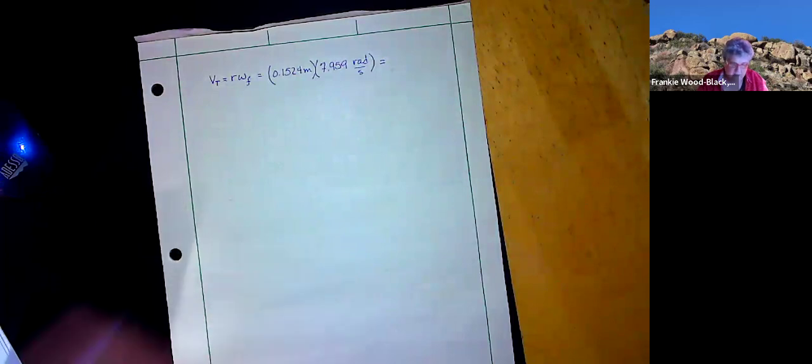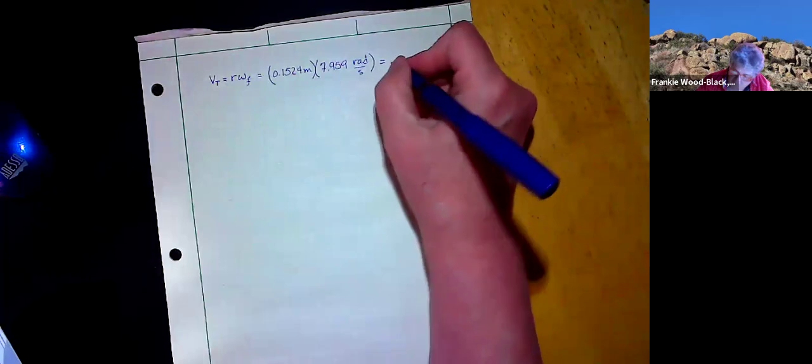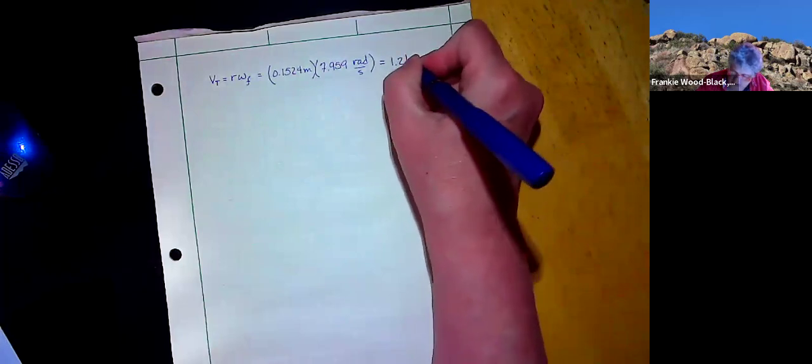We've already figured out our final radians per second, so we've got that one, and that's our 7.959 radians per second. If I do that number, 0.1524 times 7.959, I get 1.21 meters per second.